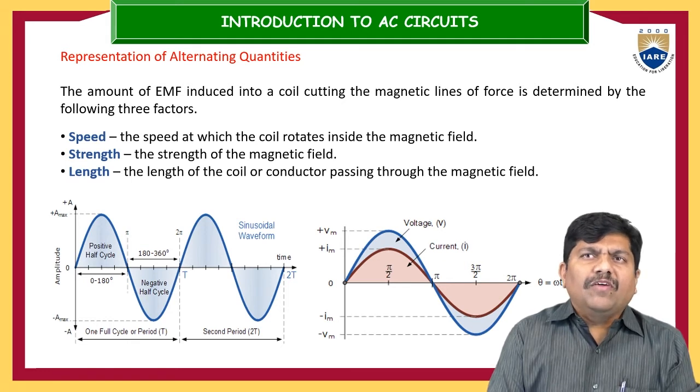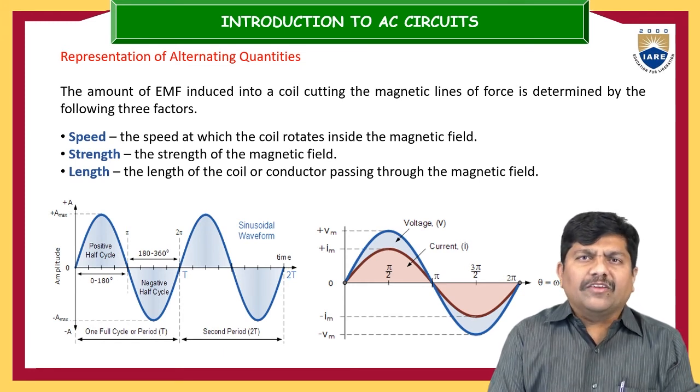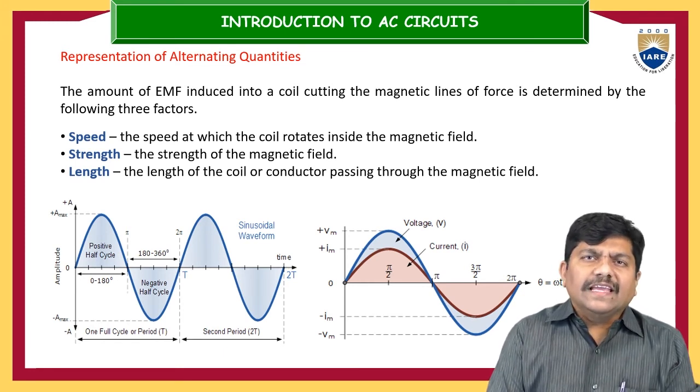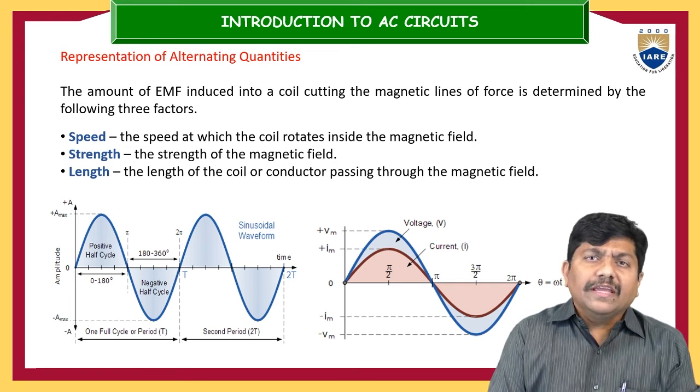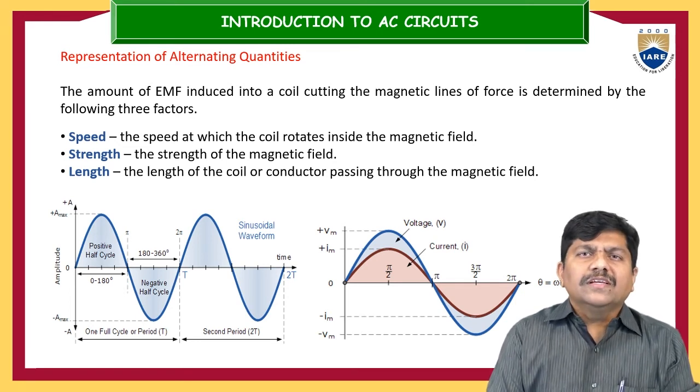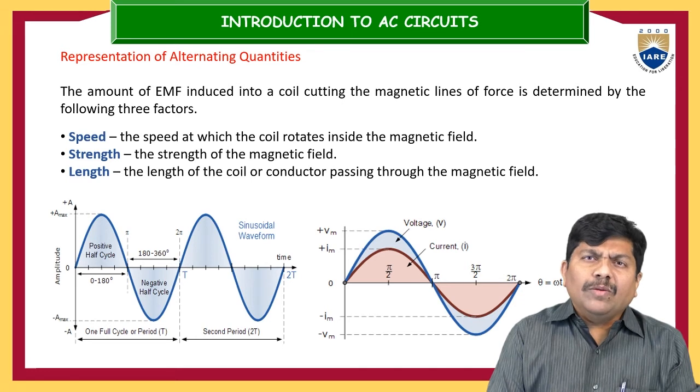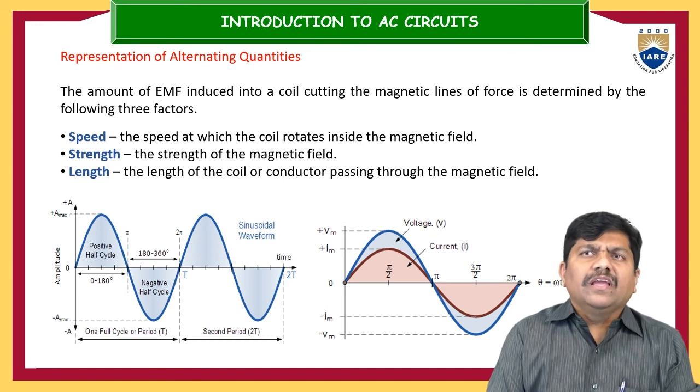The second point is the strength of the magnetic field. If it is a highly strengthened magnetic field, the induced EMF will also increase in proportion to that strength. One more thing is length, the length of the conducting system. If the length is high, then the cutting of the magnetic field will also increase. If more cuttings happen, then the induced EMF will also increase.